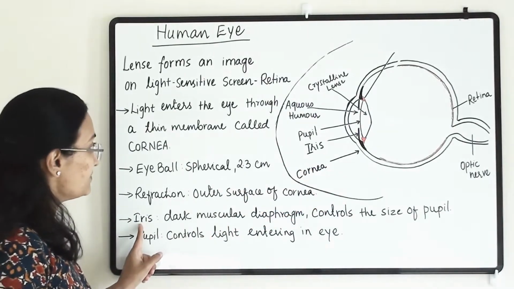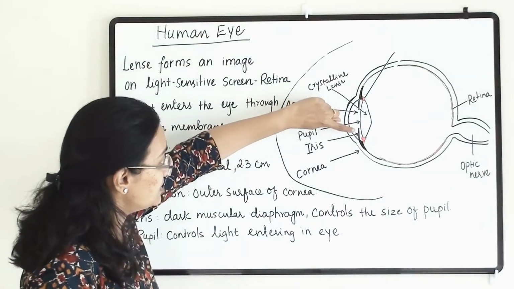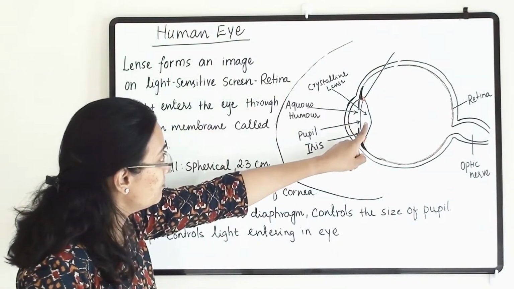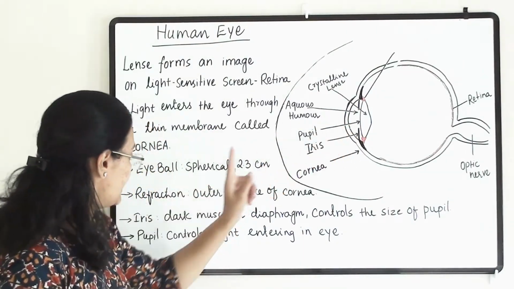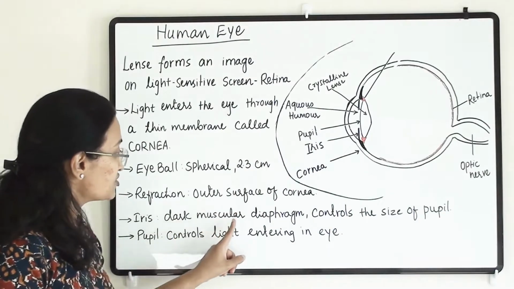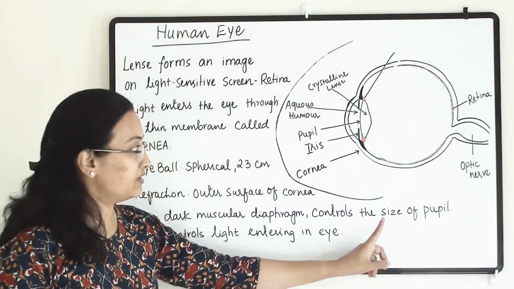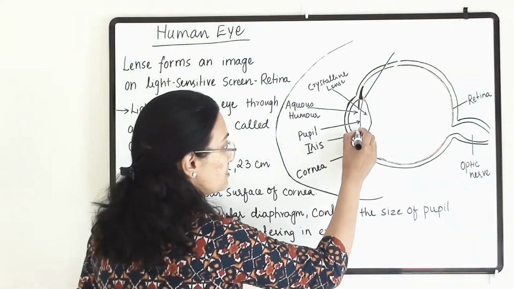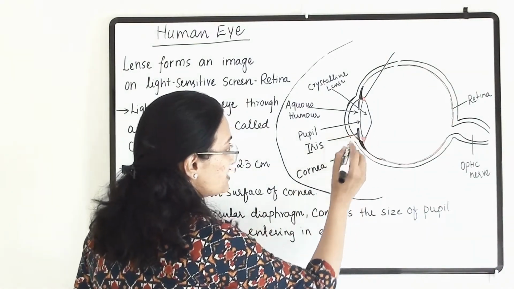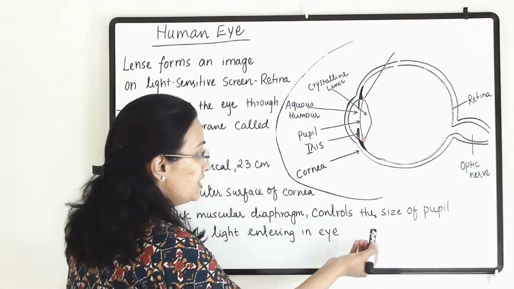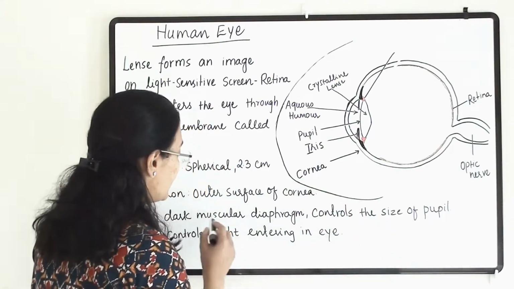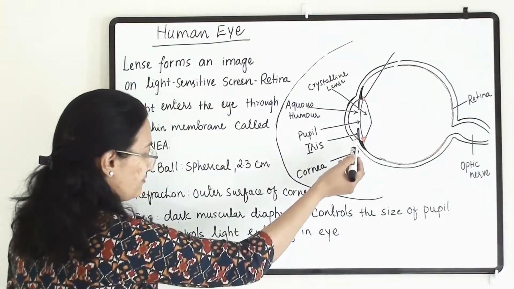And the iris, this structure just before the crystalline lens, is a dark muscular diaphragm, and it controls the size of the pupil. This black line is the iris, and that will control the size of the pupil.